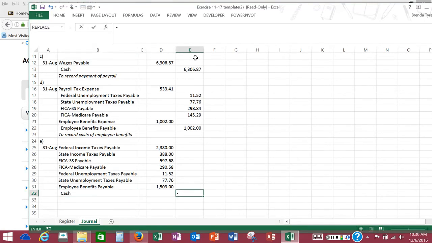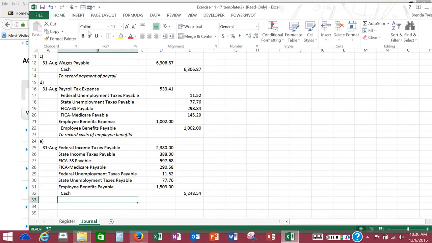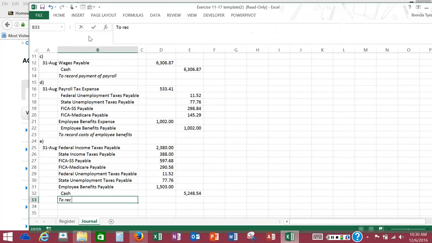We're going to credit cash for the sum of those items. $5,248.54. Here we're going to put to record payment of FICA, income taxes, SUTA, FUTA, and benefit plans.